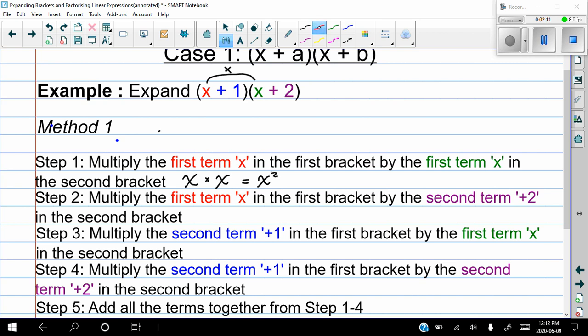Next, we're doing first term x in the first bracket times the second term plus 2 in the second bracket. So here we're going to do x times plus 2. So we're going to write x times positive 2, which is 2x.